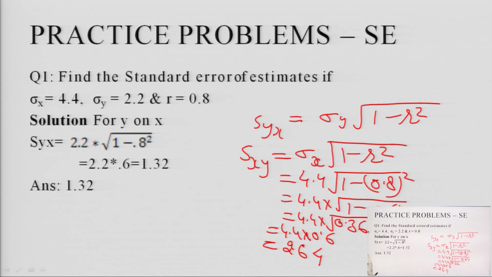So, the standard error of estimate of y on x is 1.32 and the standard error of estimate of x on y is 2.64.